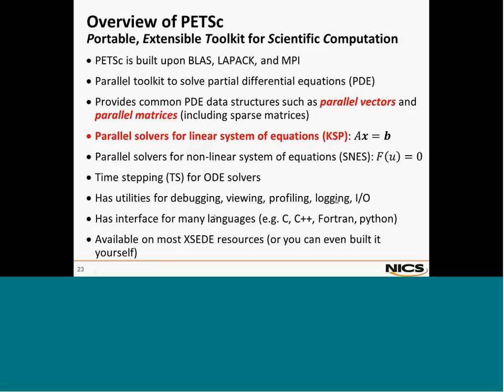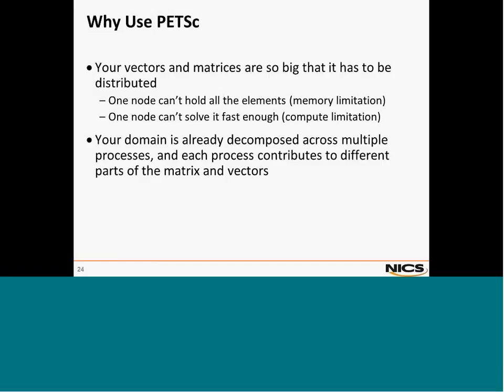Just to talk about parallel vectors and parallel matrices, and then we'll take a quick example on the solution of a linear system. You would want to use PETSc if your vectors and matrices are so big that they have to be distributed. This is the case where one compute node cannot hold all the elements because you have a memory limitation.